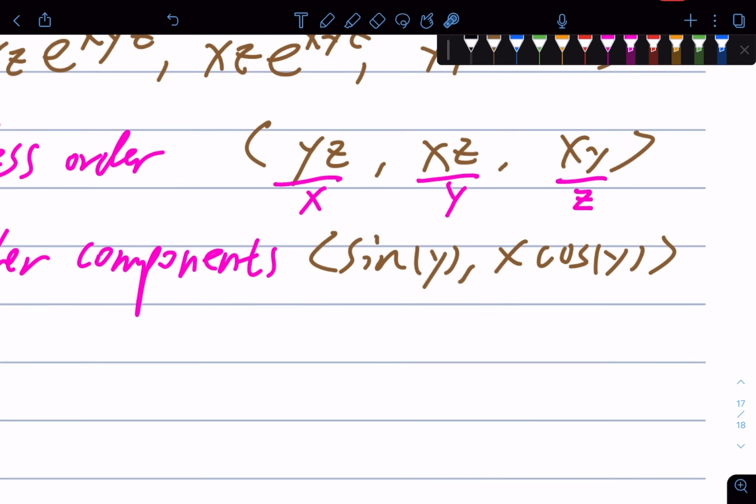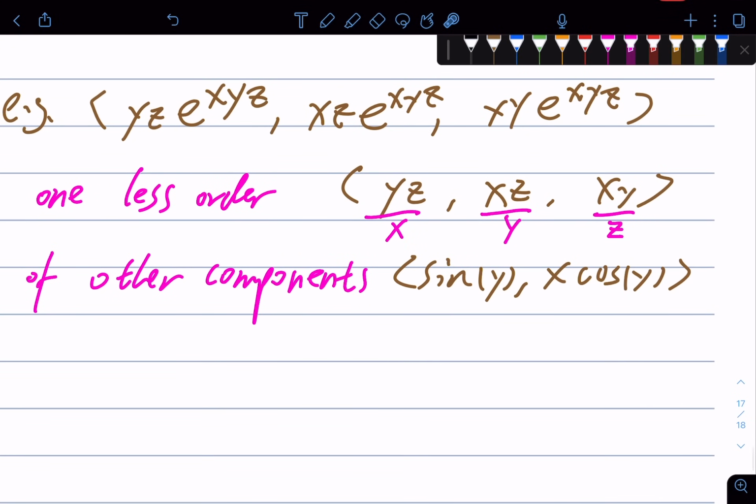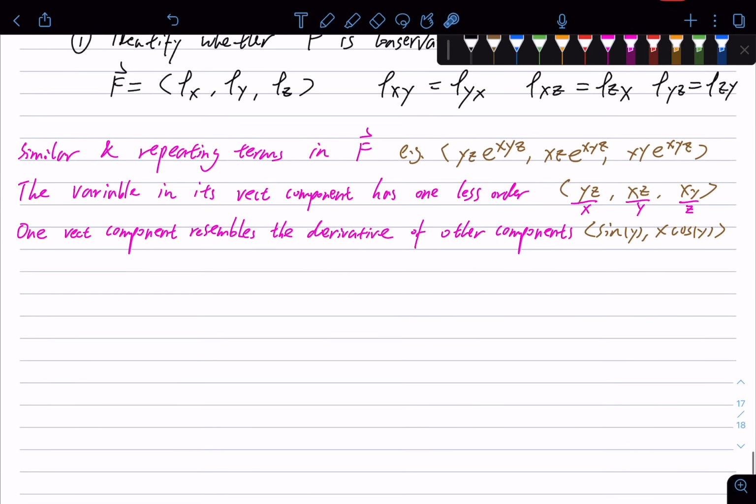For example, sine and cosine are, quote unquote, the derivative of each other. So if you see trigonometric terms like sine and cosine showing up together, there is a chance that a potential function exists. I've rambled a lot, but I hope you understand these shortcuts.